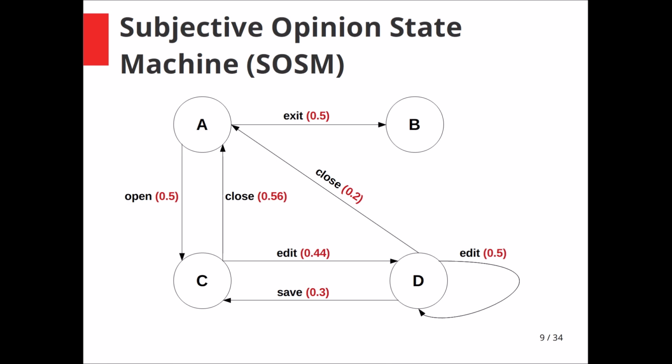However, if the number of observations is very low, the computed probabilities might be misleading. To compensate this, a subjective finite state machine computes a second order uncertainty that describes how much confidence we have in the given probability.